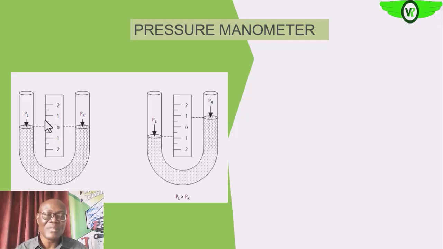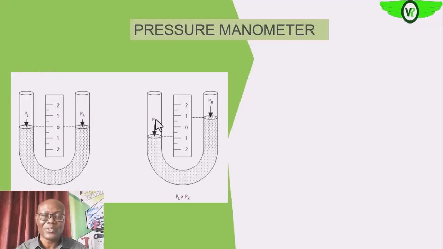Now assume that this end is connected to a pressure source. If that pressure source is higher than the atmospheric pressure, what will happen?